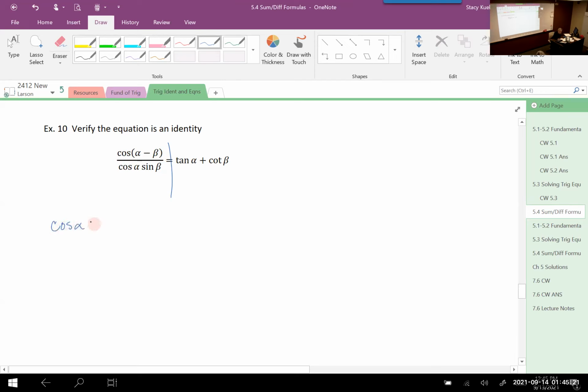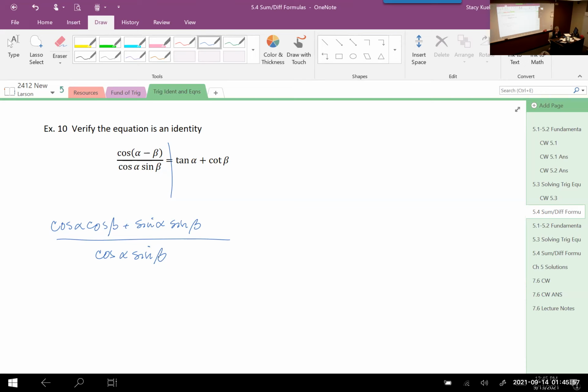Cosine alpha cosine beta plus sine alpha sine beta, all over cosine alpha sine beta. What do you notice here? I have a single term in the denominator, and in the numerator I have addition or subtraction, but I have addition in this case.